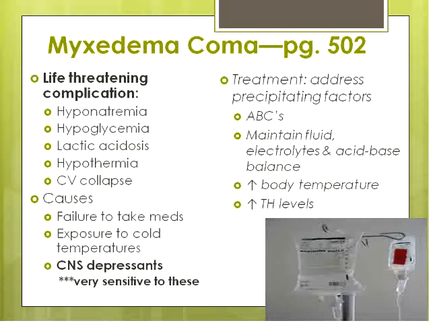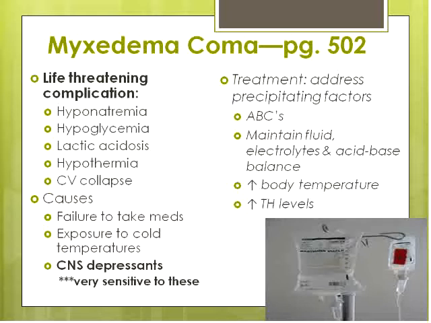We already said that they tend to be cold, so now life-threatening hypothermia. Lactic acidosis because of the lack of sufficient glucose for metabolic activity. And the big one, which probably should be at the top, but I wanted you to put your thinking caps together, would be cardiovascular collapse.